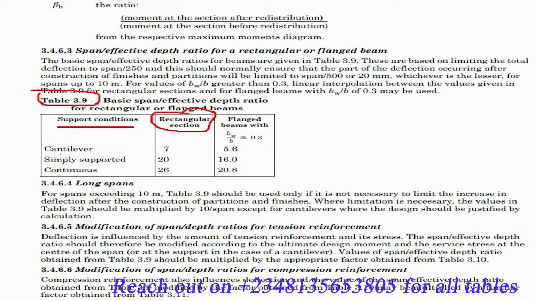And what we are designing for is a simply supported slab. So you consider the rectangular section and the simply supported. Then your ratio will now be 20. Same as others, if you are designing for cantilever, continuous beam as well, or slab.